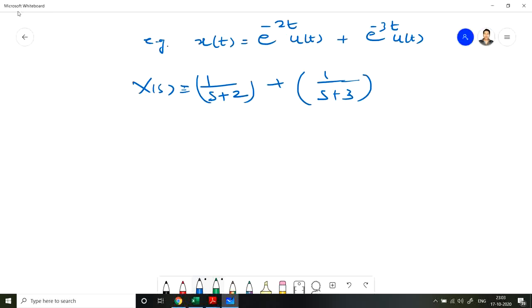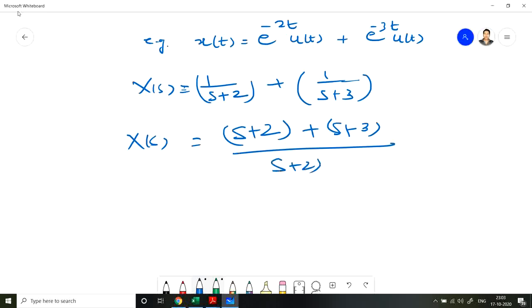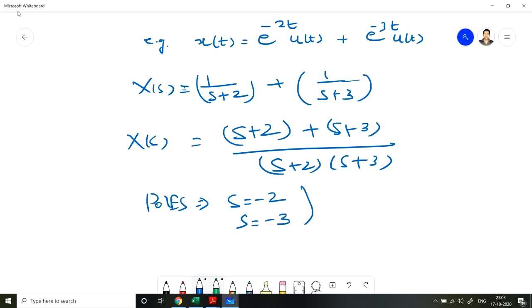Combining, it is (s plus 2 plus s plus 3) divided by (s plus 2)(s plus 3). So the poles are s equals minus 2 and s equals minus 3.